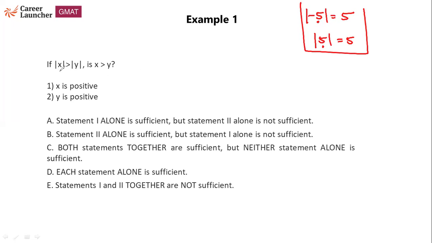Now, if |x| is greater than |y|, can we say that inside, x could be positive, x could be negative, y could be positive, y could be negative?